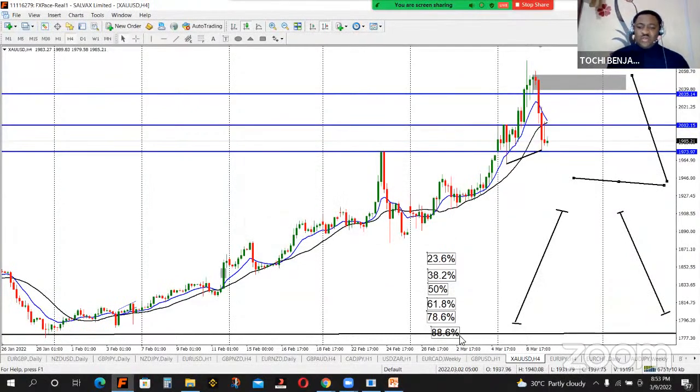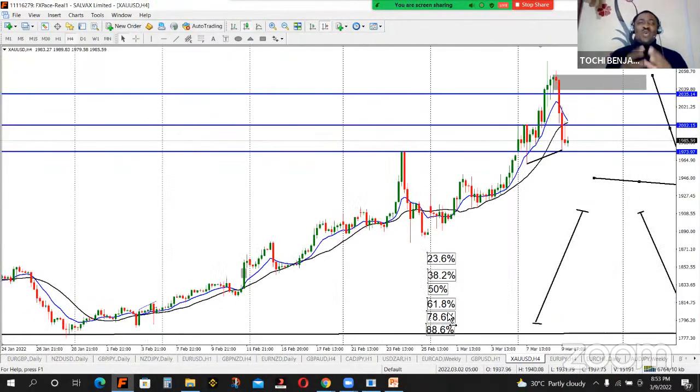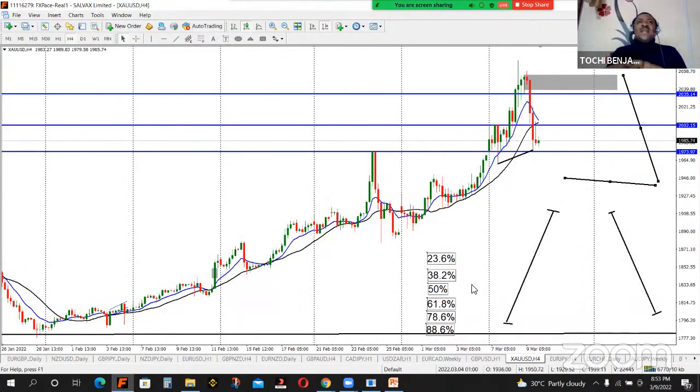So these are the levels that Leonardo Pisano said that during a retracement, these are support and resistance zones. These things are all support and resistance zones. It says price can get to these levels and retrace and start going back and continue in the direction.